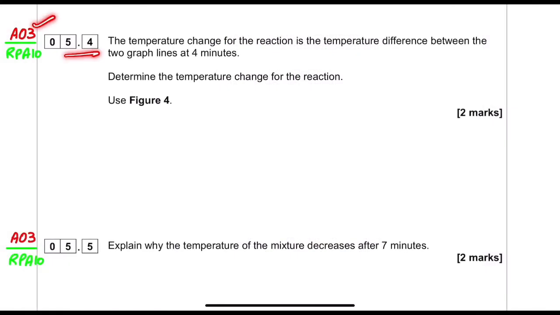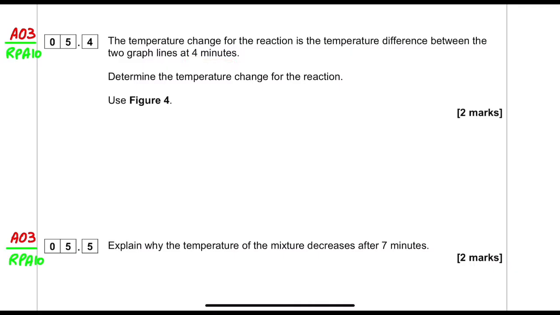5.4 is an AO3 question from the topic of required practical activity number 8. It's from the same topic of the reactivity series, exothermic and endothermic reactions. The temperature change for the reaction is the temperature difference between the two graph lines at 4 minutes.